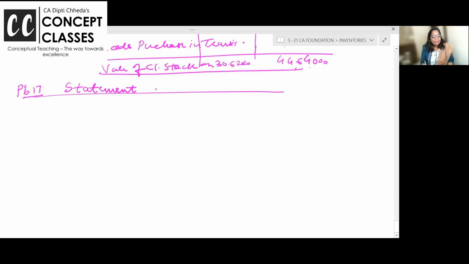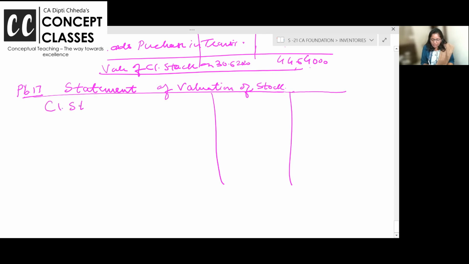Statement of valuation of the stock. So first we have the closing stock as on 24th of March. Closing stock as on 24th of March was 4 lakh.